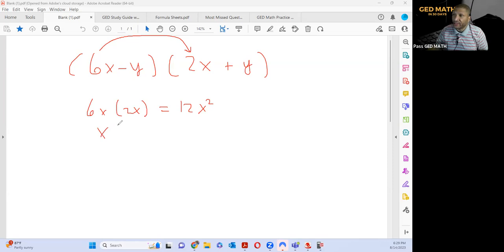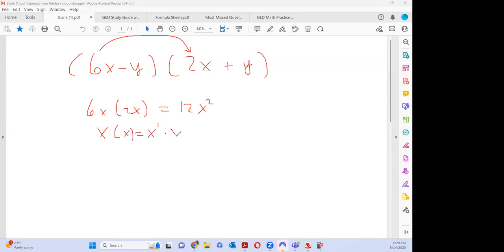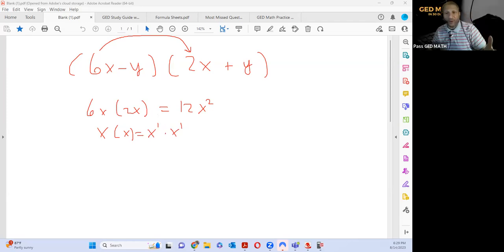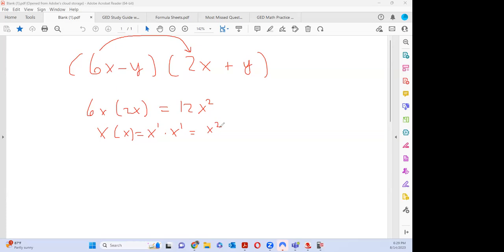Because x times x is the same as x to the first times x to the first. When you don't see an exponent on a variable, there is a 1 there. And by exponent rules, when multiplying exponents with the same base, we add the exponents. Everybody understand that?